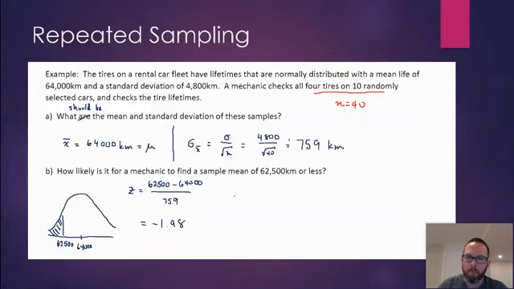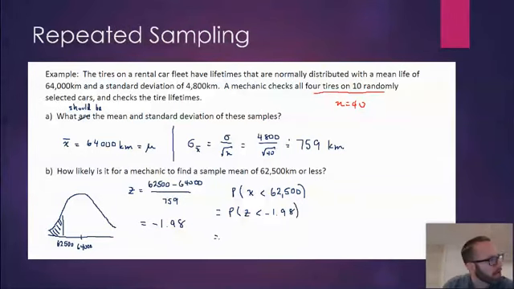What's the probability that our sample mean is less than 62,500? This is the same as the probability that the z-score is less than negative 1.98, which we can look up directly from our tables: 0.0239. So it's pretty unlikely that he's going to get these 40 tires and have them be less than 62,500. It's around 2%.